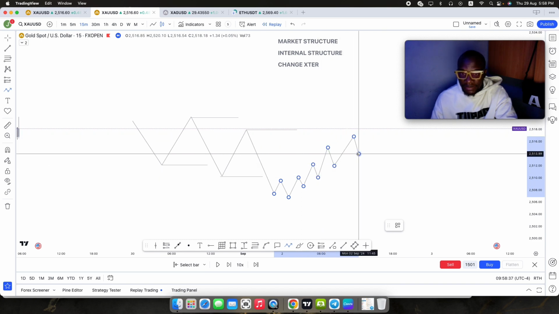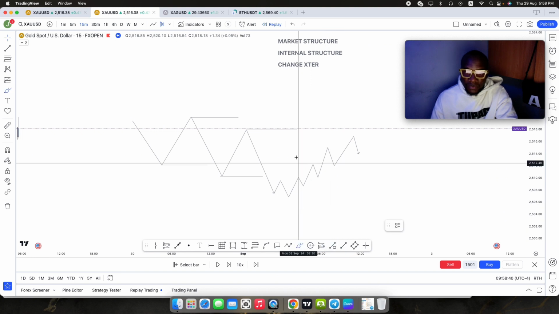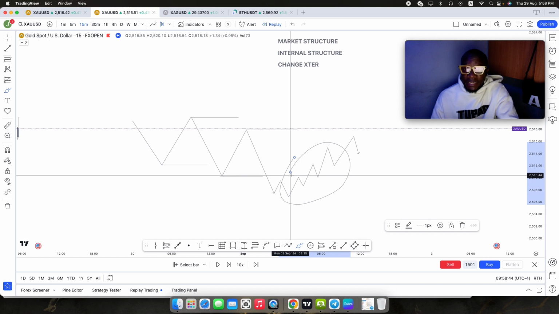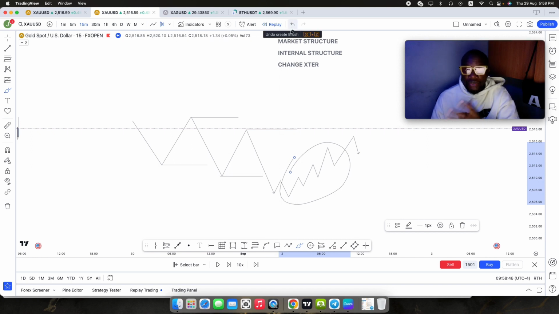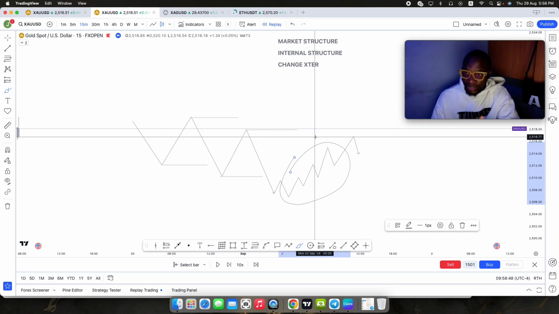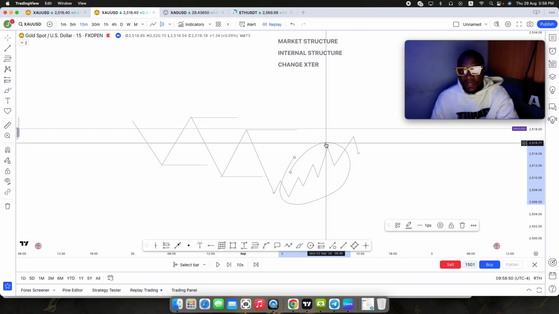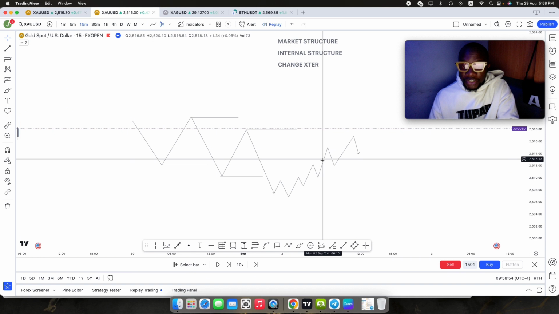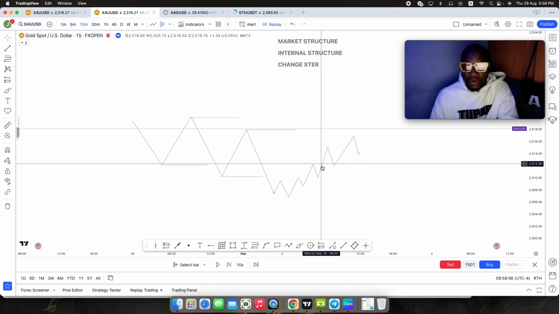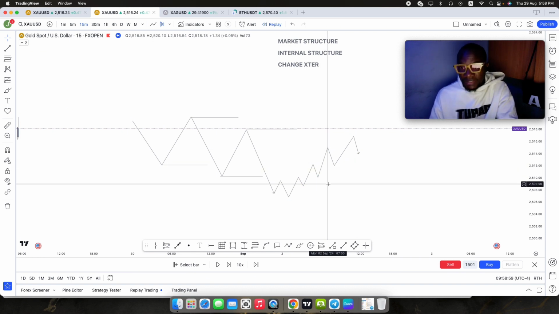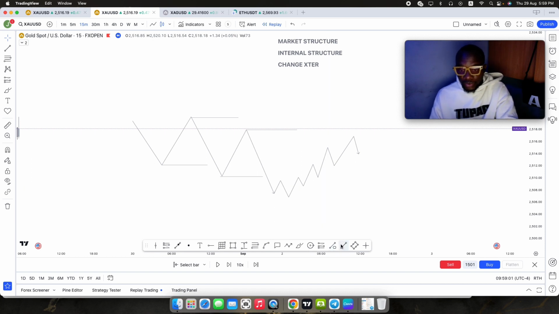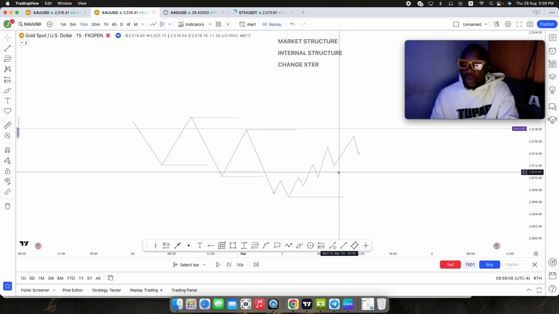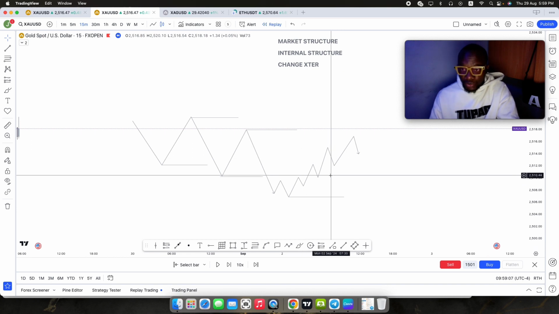The ones that are happening inside the major trend are what we call an internal structure, or you call them internal trend. So if you want to spot your pullback like a pro, you need to know where your major trend is, what it is doing, and you need to also know what your internal trend is doing.